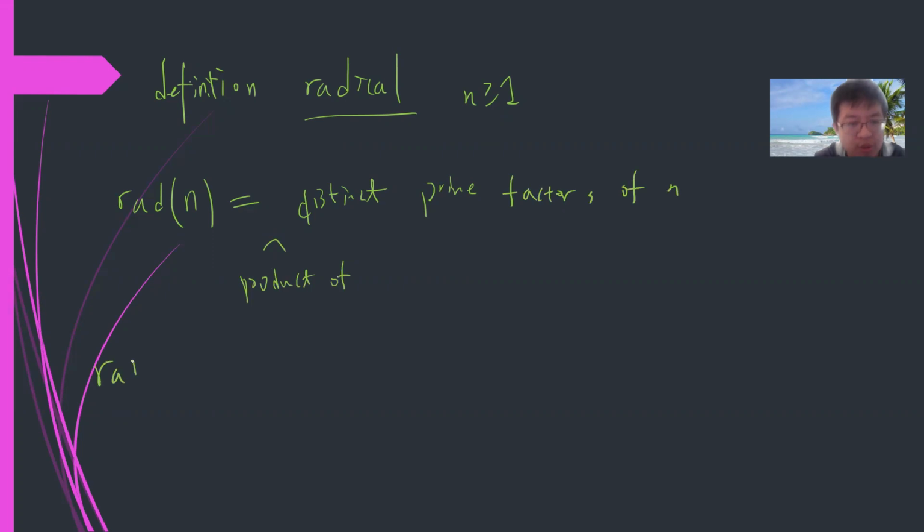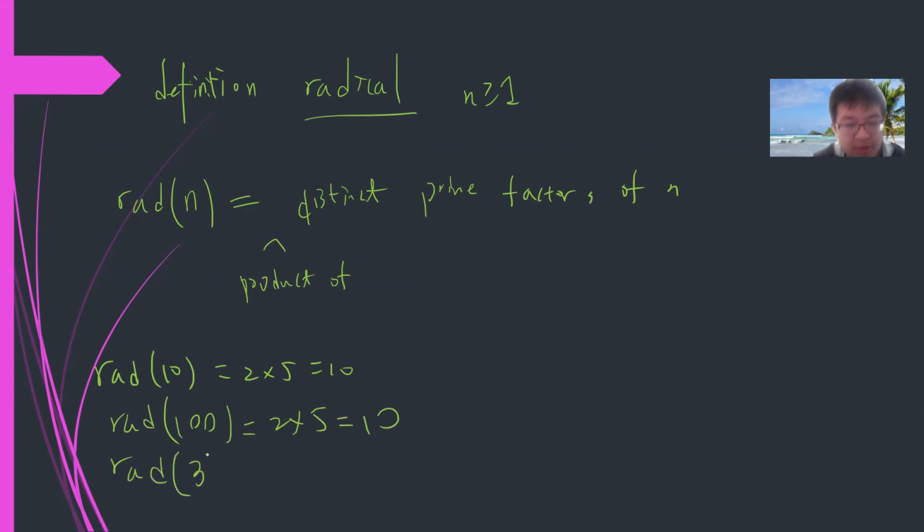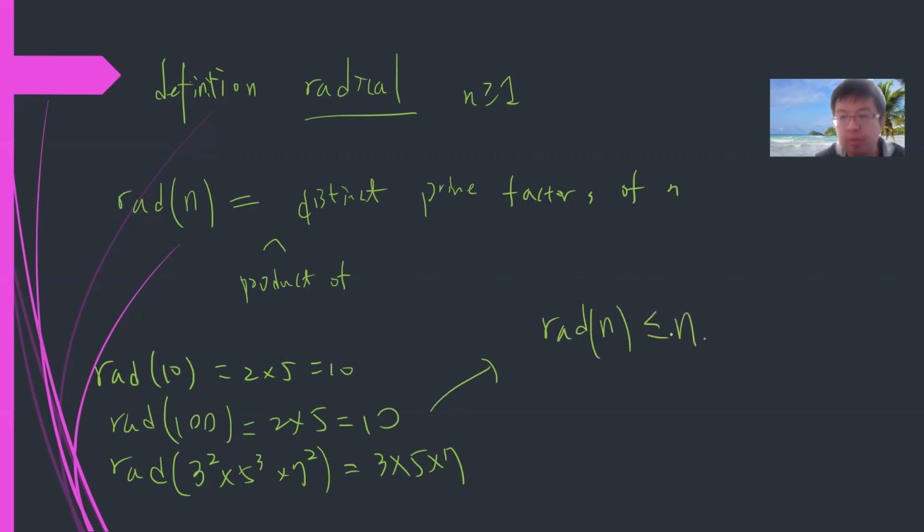For example, the radical of 10 is 2 times 5, which is 10. The radical of 100 is still 2 times 5, which equals 10. And the radical of 3 cubed times 5 squared times 7 squared is defined to be 3 times 5 times 7. And obviously the radical of n is at most n.